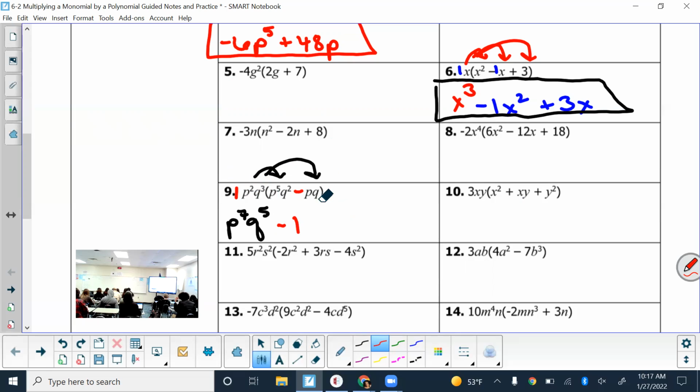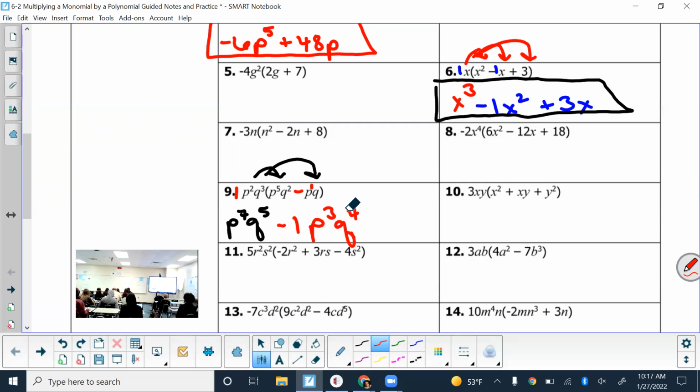And then what's p squared times p? P cubed, good. 2 plus 1 is 3. So if it's not written, the exponent is 1. And then q to the third power times q to the first, I get q to the fourth.